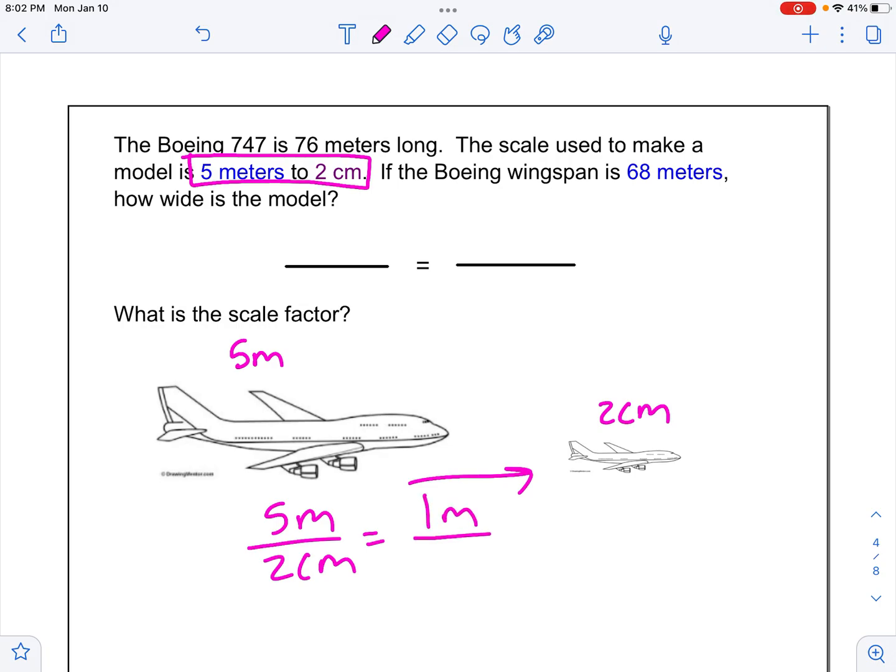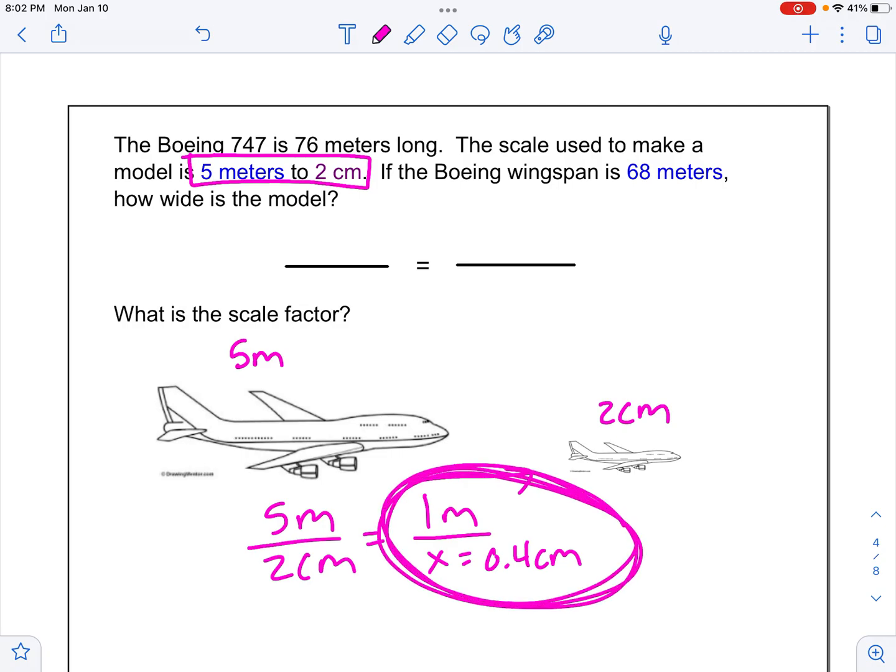That means for every 1 meter, how many centimeters do I have? So I'm going to cross multiply 2 times 1 divided by 5, and I'm going to get 0.4 centimeters. So this is my scale. For every 1 meter, I have 0.4 centimeters.